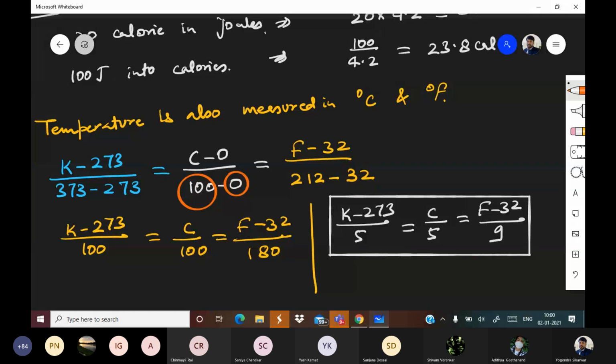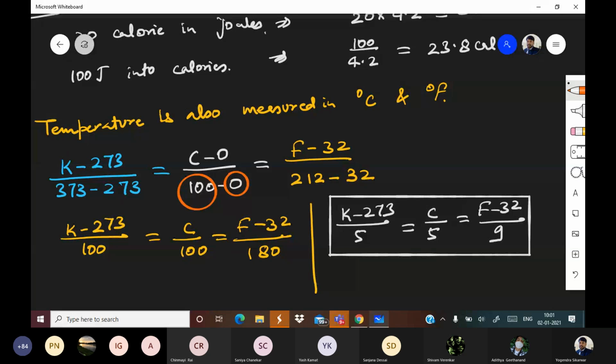So when you took this scale, you took 0 and 100 as important points, and after that you divided that gap of freezing point and boiling point into 100 parts. Okay, I am telling you how science evolved, how they decided.